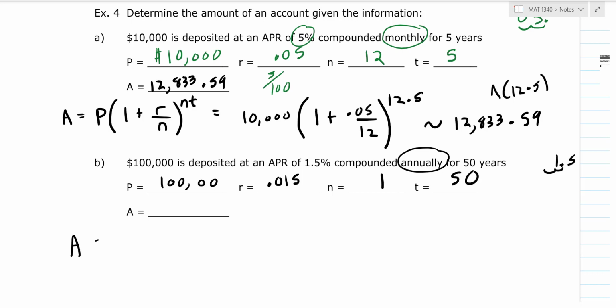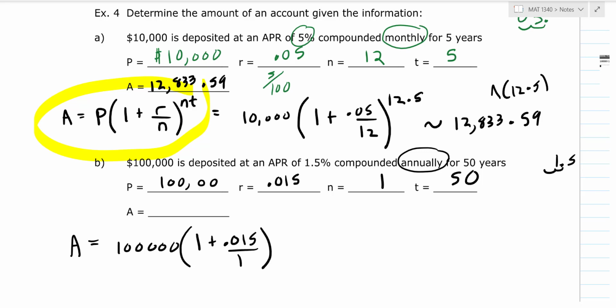So again, just plug it into the compound interest formula. You can refer to the formula that I've got right here if you want to. So we'll just put in the 100,000, and then it'll be 1 plus 0.015 over 1, and then it would be 1 times 50.